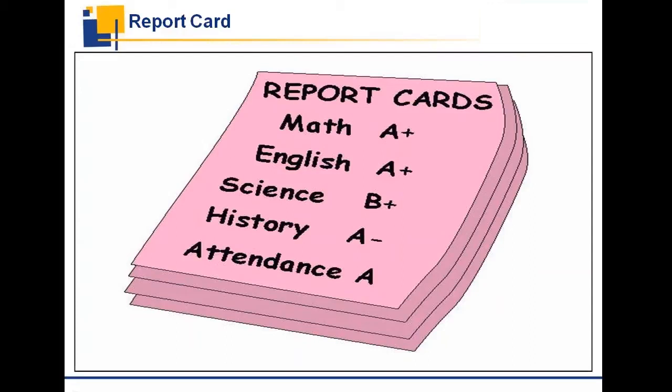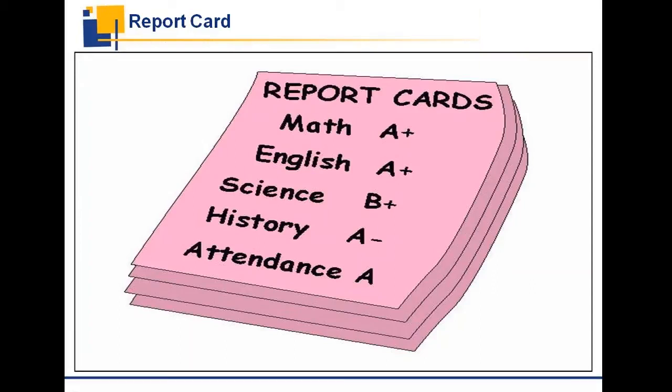First we should have a basic understanding of what the subjects are, and then what A+ means, what B+ means, what A- means. We have to understand the grades, whether A+ is excellent, or whether D is flunk or F is fail. So we need a basic understanding of the various grades.